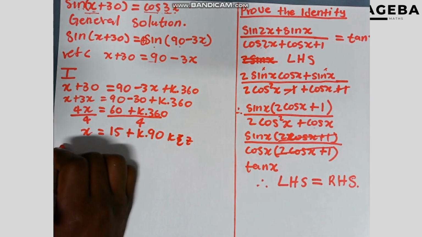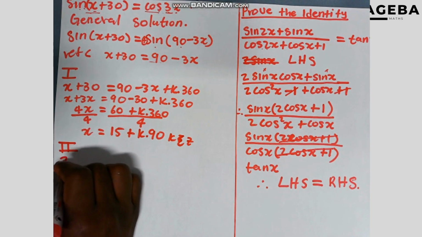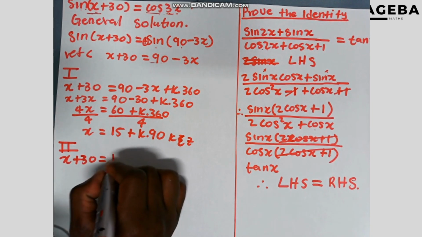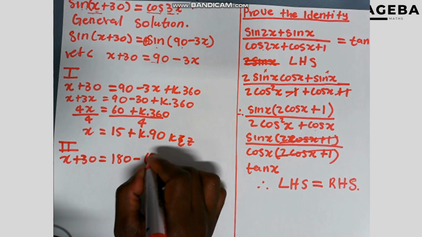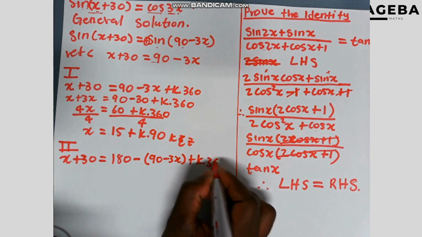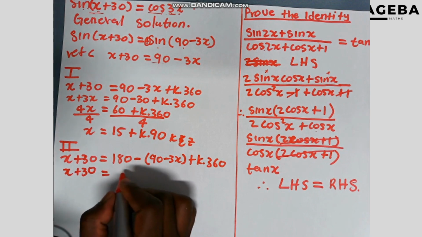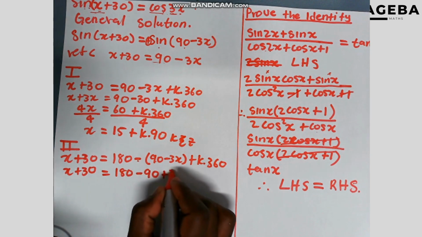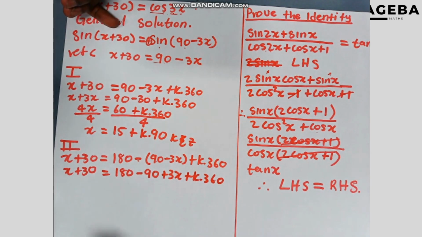And then also, we said sine is positive where? On the second quadrant. So you're going to say x plus 30 is equal to, on the second quadrant, 180 minus, so 180 minus all of this, remember the bracket, so it's going to be 90 minus 3x, and then plus k times 360. Now x plus 30 equals 180, then this times this is negative 90, this times this is positive 3x, and then plus k times 360.